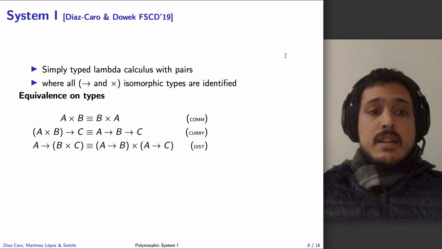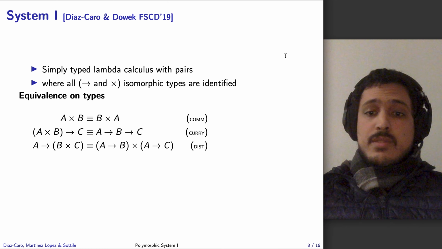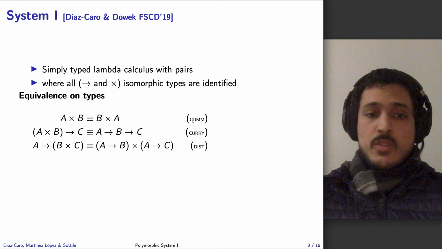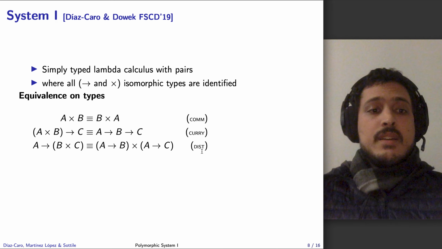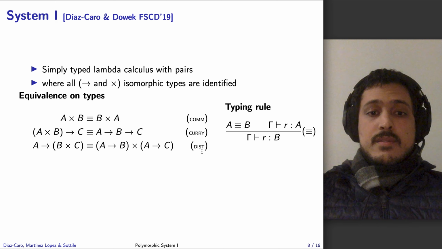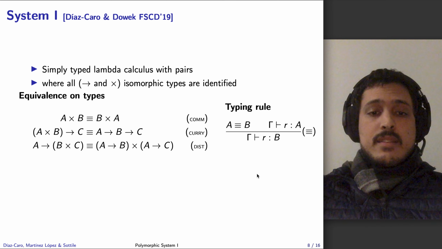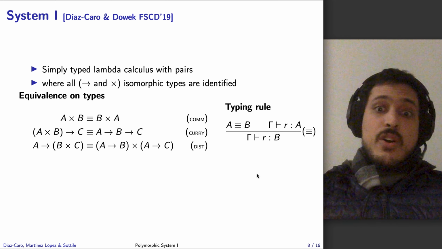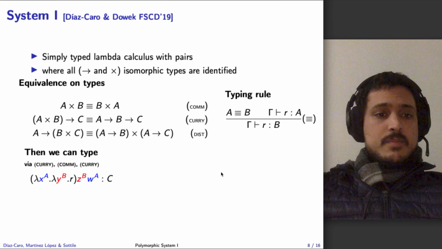This means that there's an equivalence on types, and these types are considered the same: the commutativity, curry, and distributivity types. They added a typing rule which says that if two types are isomorphic, and we have a term of one of the types, then it also has the other type.